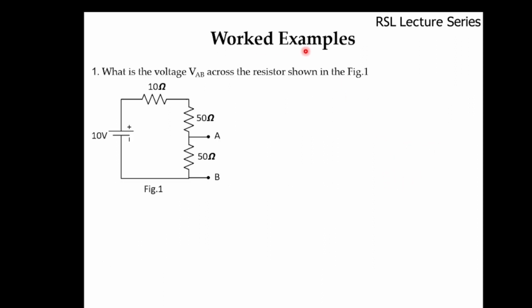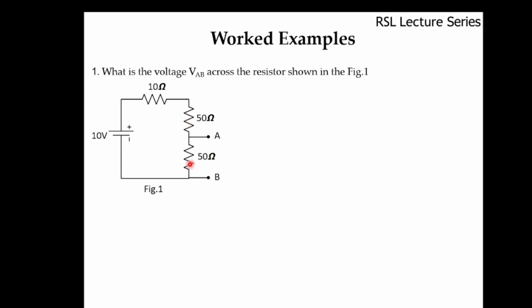Next we will discuss some worked examples. This is a given circuit, and here we have to find the voltage. What is the voltage VAB across the resistor shown in the figure? We have to find the voltage across this particular 50 ohm resistor.